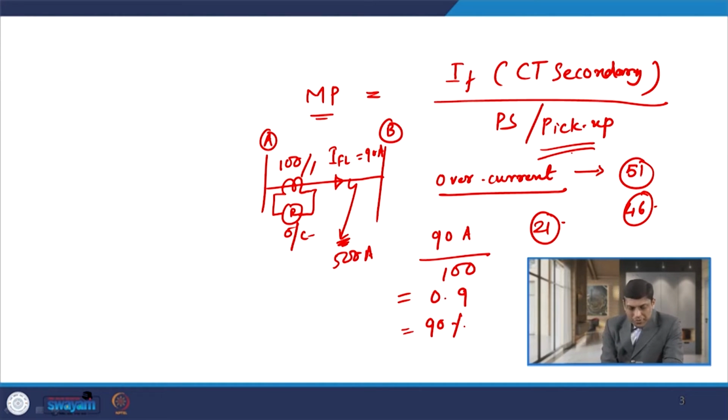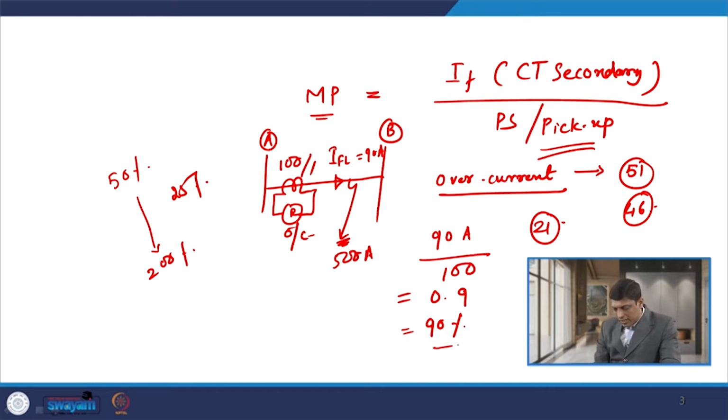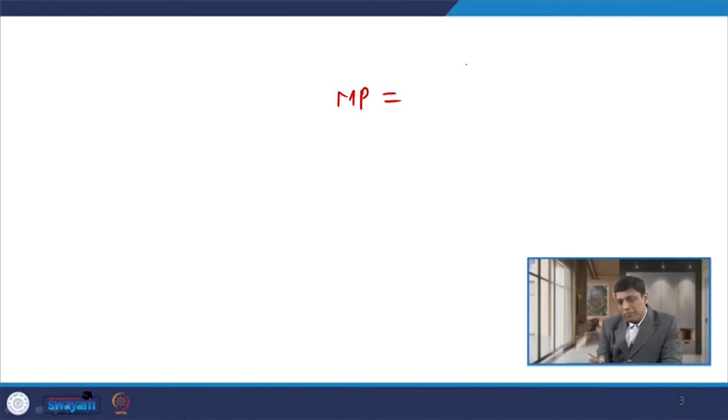So, the plug setting or pickup value of the relay should always be greater than 90%. As I told you, 7 settings are available from 50% to 200% in steps of 25%. So, the value higher than this, that is 100%, we can select as the plug setting or pickup value of this overcurrent relay 51. If I want to find the multiple of pickup current, with 500 ampere as the fault current, then it is given by the fault current referred to the CT secondary.